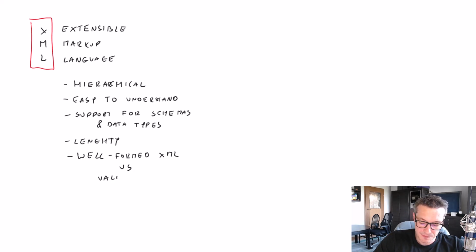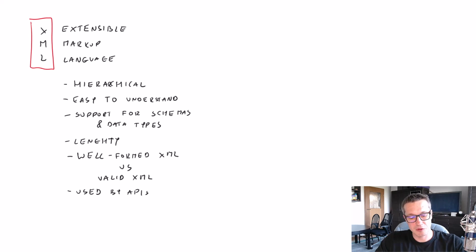And the valid XML is a file that conforms to the schema. And in case of XMLs, they are mainly used by various APIs or data that are sent between some systems by APIs. For example, in the past, I was working with Beanstalk, and it worked on XML files.